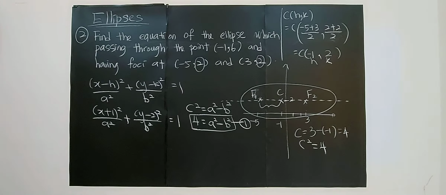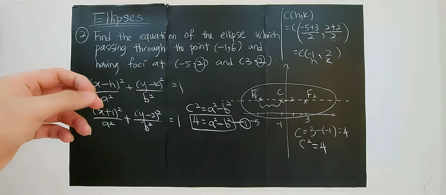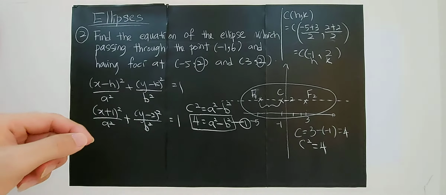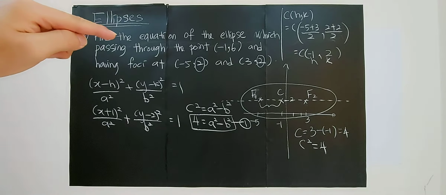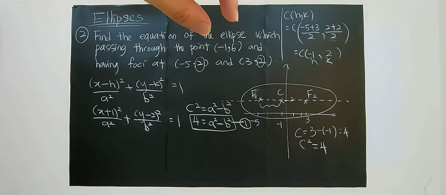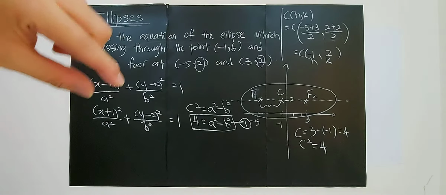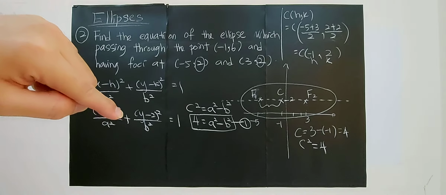So I need another equation here to solve this problem, right? The other piece of information will be this one. The ellipse is passing through this point, which means that this point is on the ellipse, right? If this point is on the ellipse, we can substitute this value into the equation.